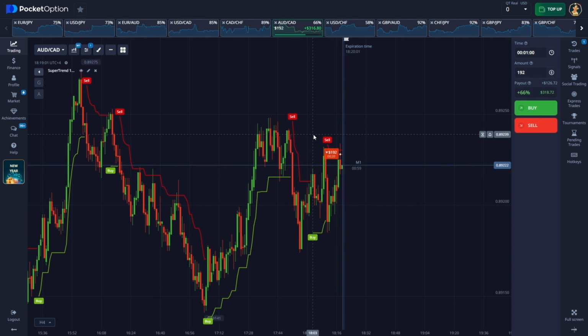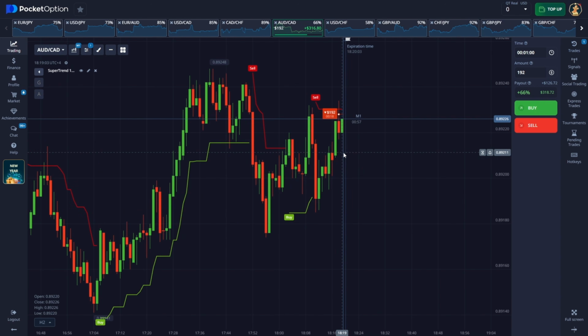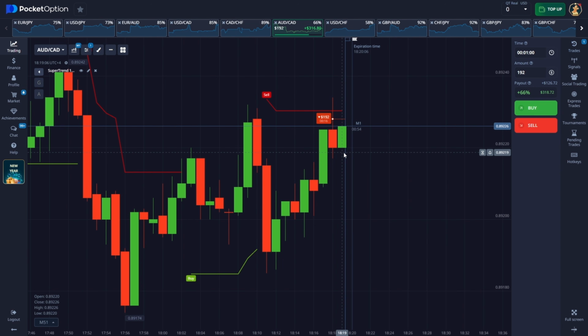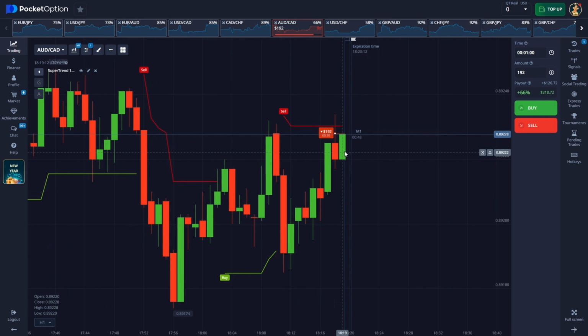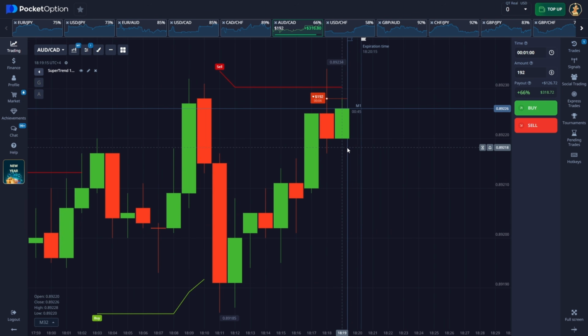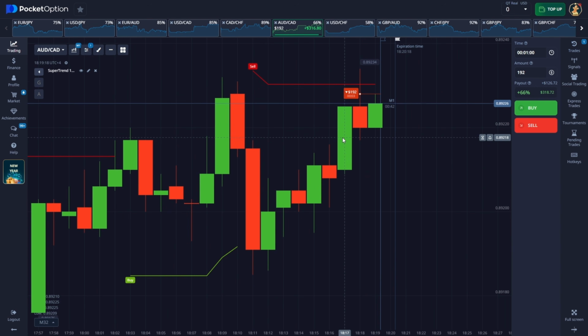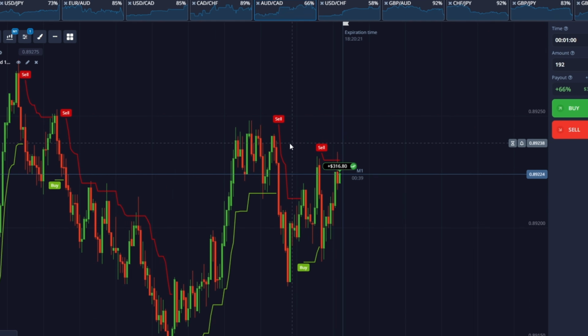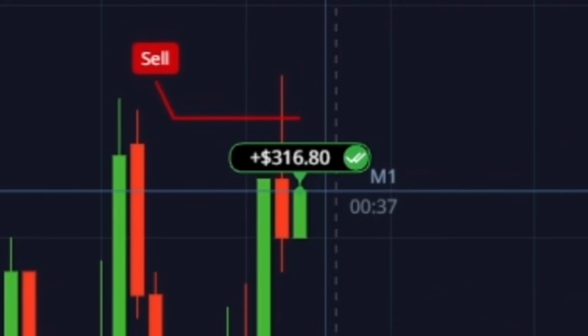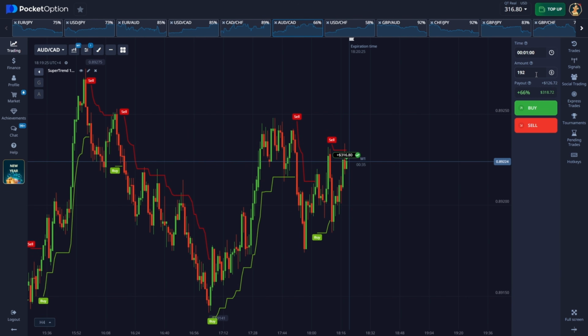The candle closed as a red candle, and there are only a few seconds left. I won the trade. Now my balance is $316. Let's find a trade for $316.